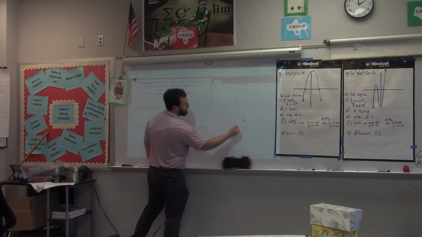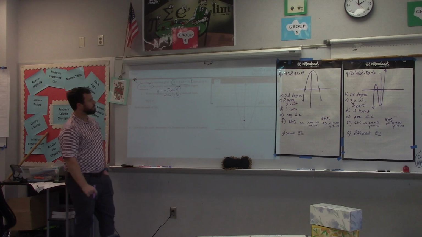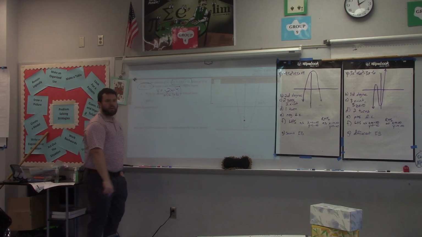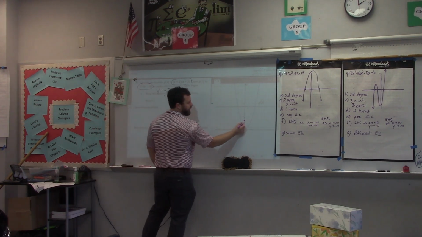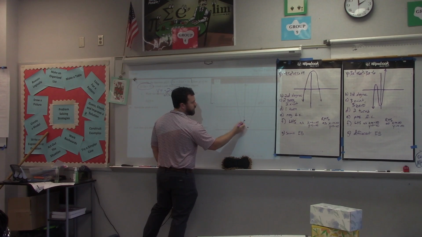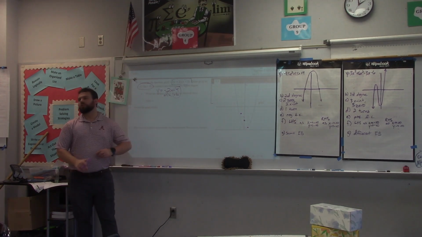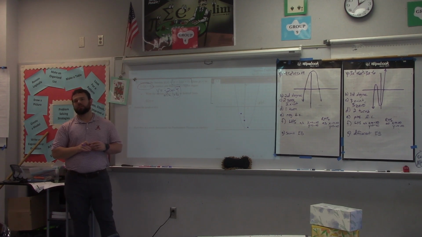Alright, what else can I use to graph this line? My slope is negative 2 divided by 1. So, down 2 to the right 1, or up 2 to the left 1. What else could I find from that equation really quickly? What can I do to find the x-intercept?